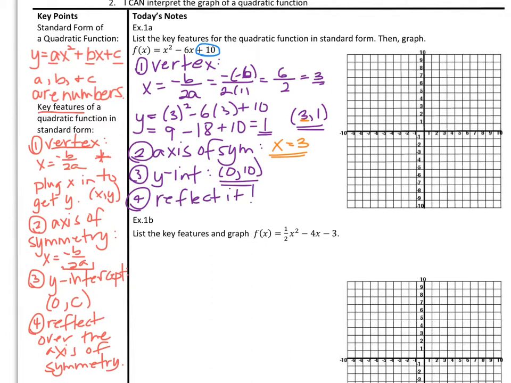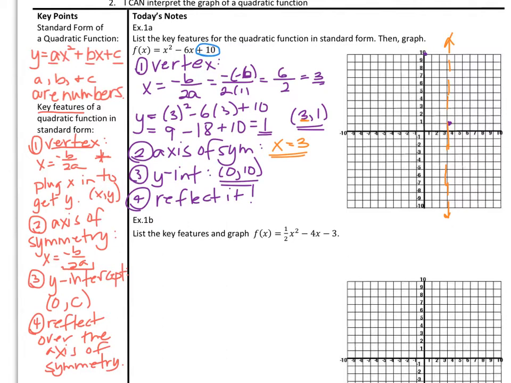And we'll do that on our graph. Over on the right, let's plot (3, 1). And then we'll draw in our axis of symmetry right down through x equals 3. And then we'll plot our y-intercept all the way up here at 10.